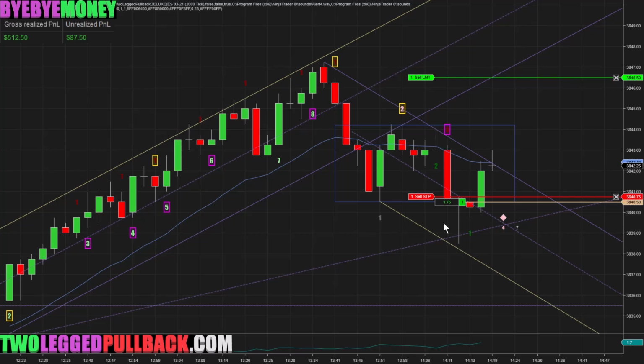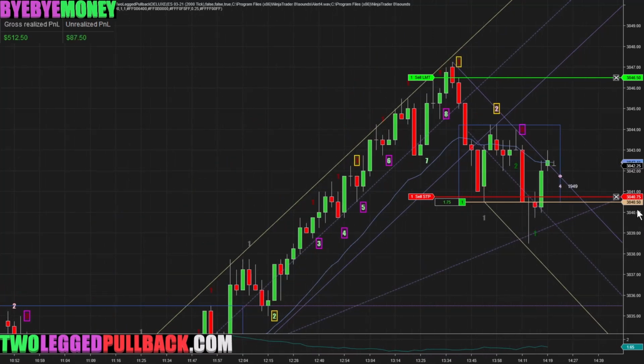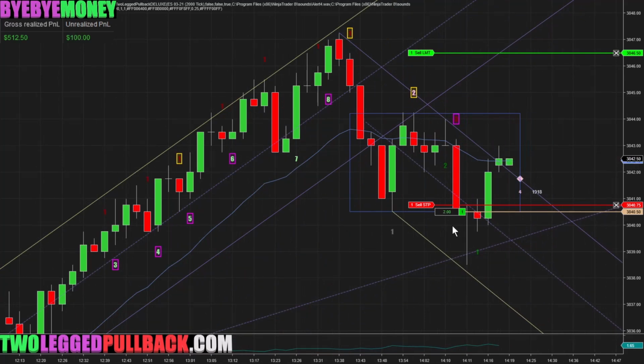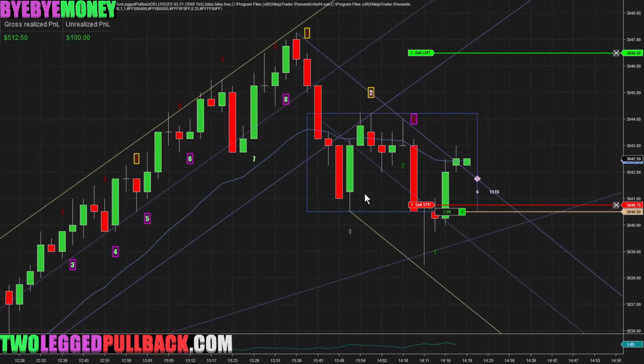So what will happen if it comes back up here? The bulls who are in this see this price action, and they say definitely the momentum has weakened. We're coming under the 20 EMA now, and we have big bear bars.